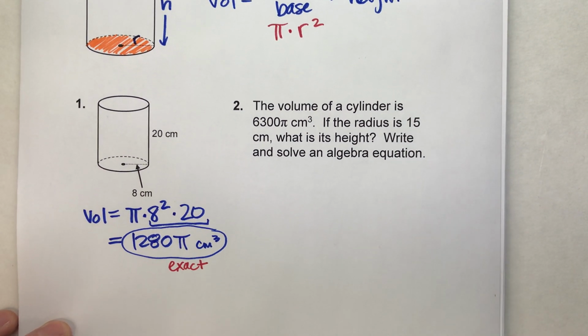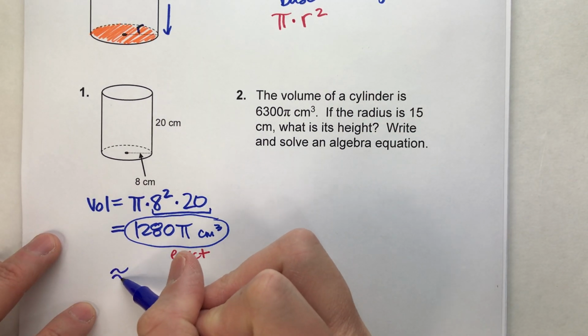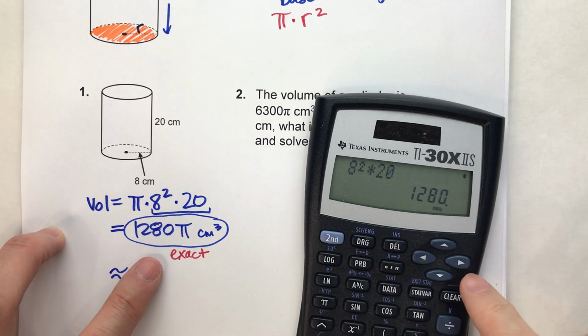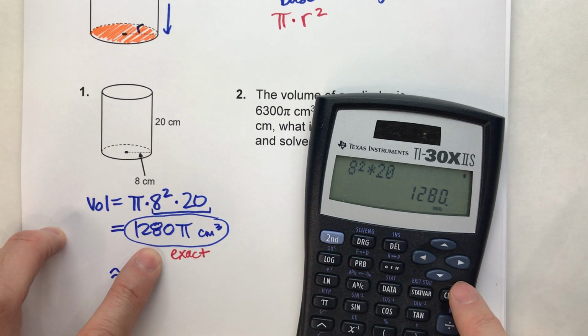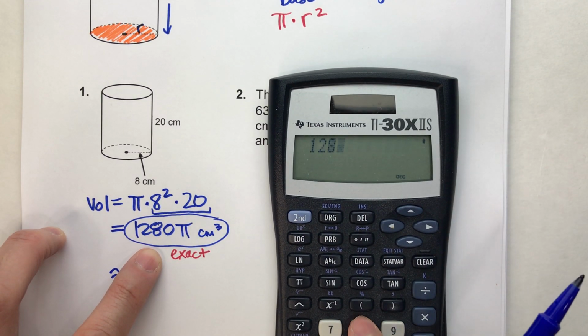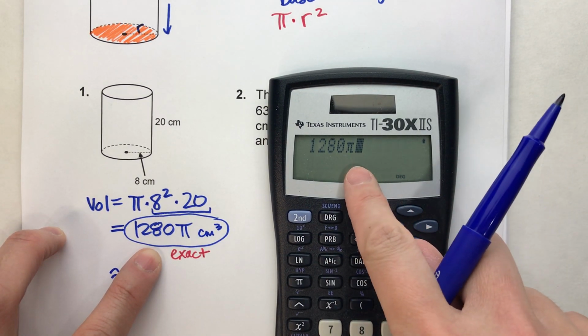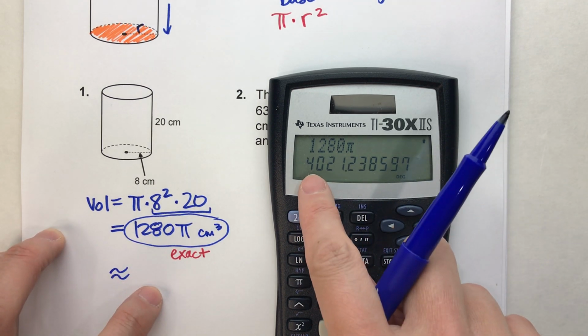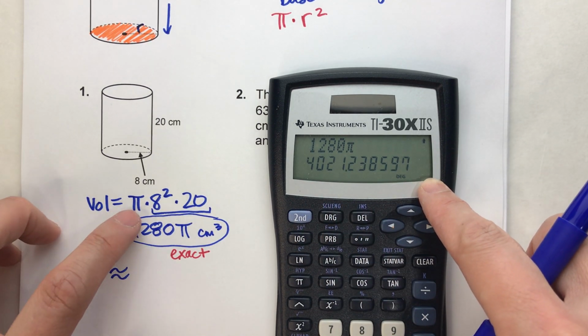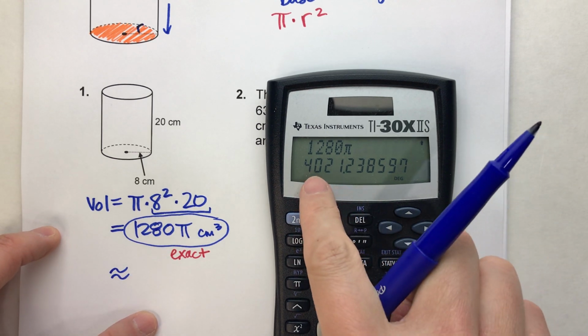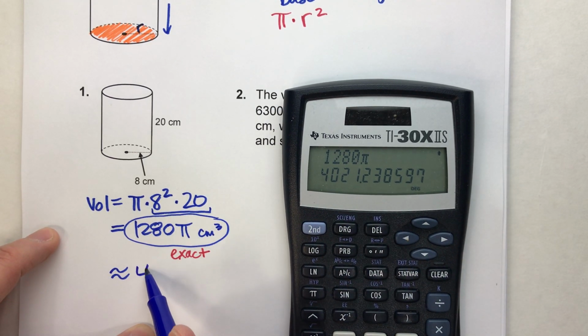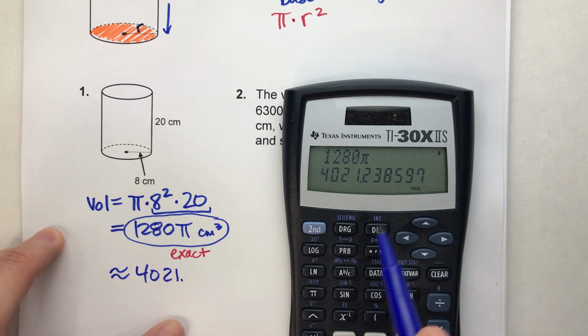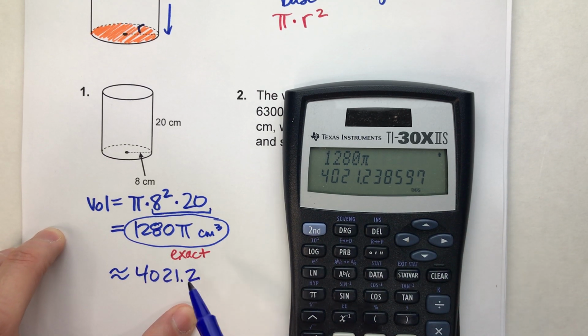Okay, now if you want the approximate answer, what we would do is actually put 1280 times pi into the calculator. So 1280 times pi, and we're going to get a crazy decimal because obviously pi is irrational. So we're going to have to round it. It's about 4,021 point, let's round it to the tenth, 2.